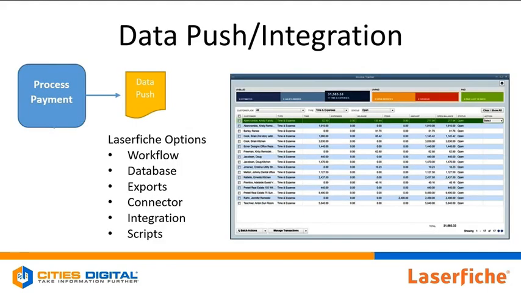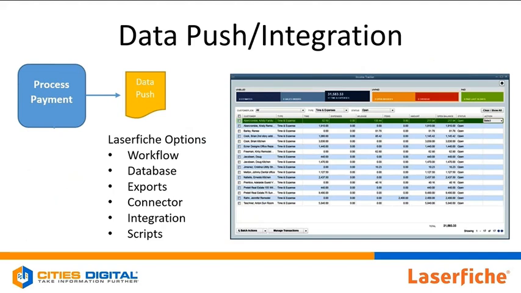And then you have the processing payment and data push or integration portion of the process. So again, you can use workflow and the ODBC or outside database connection to pull information from your finance software.